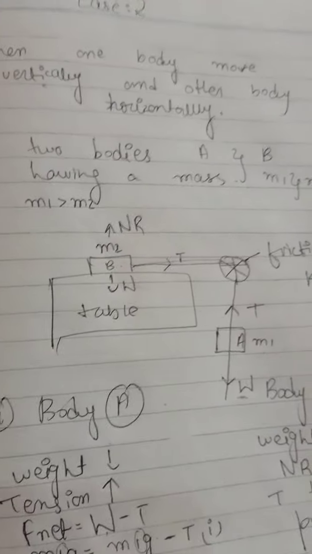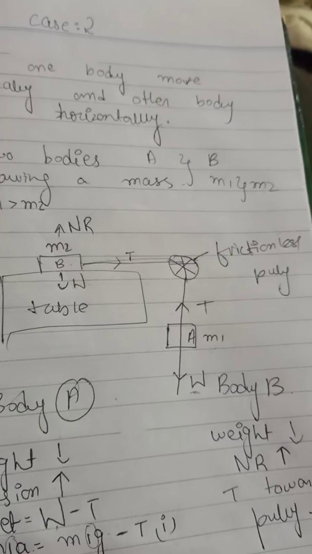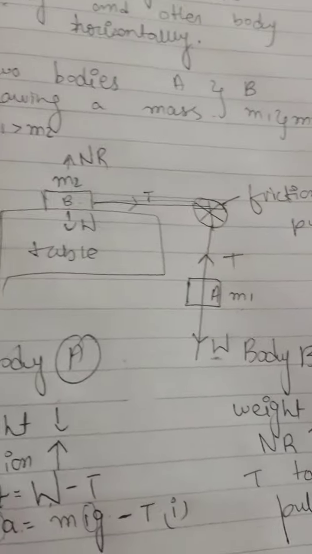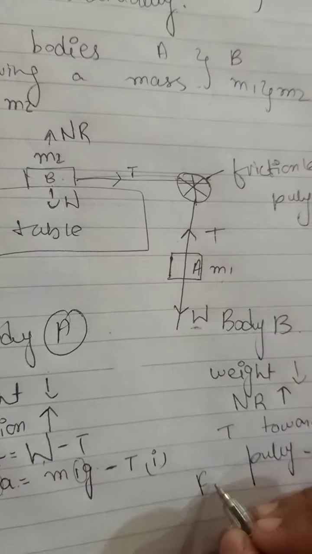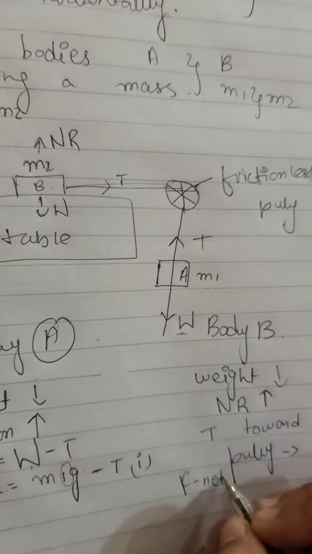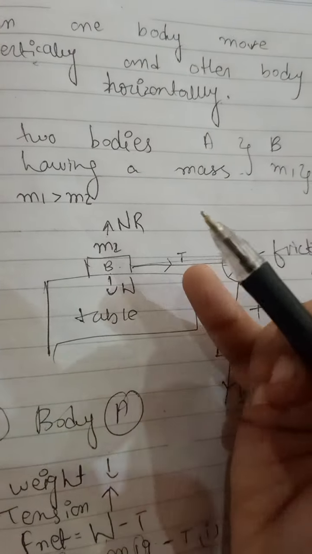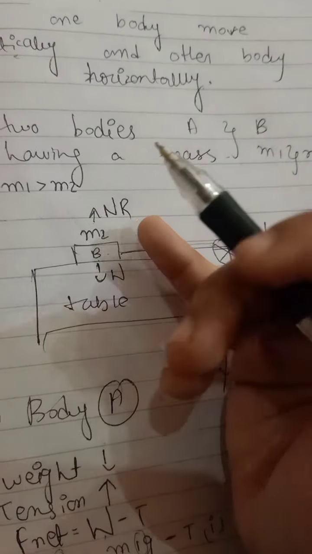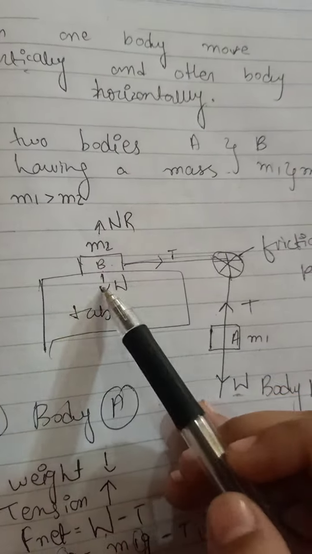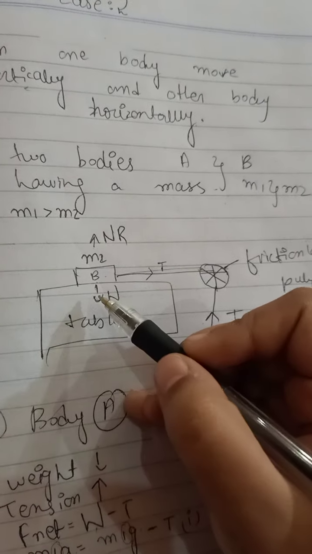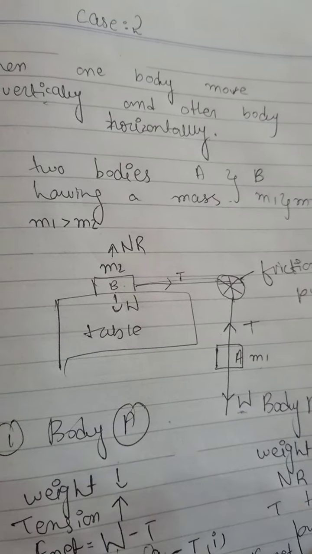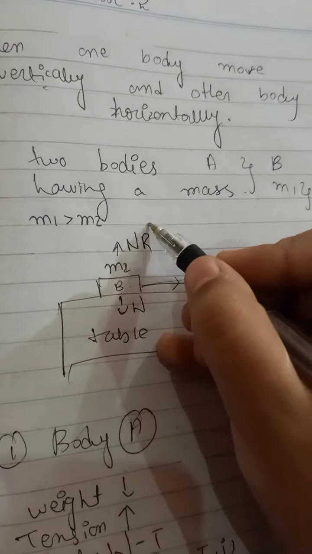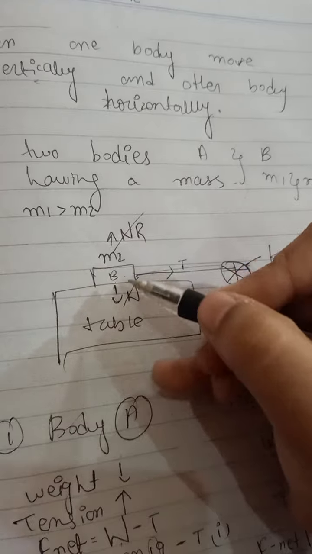So if you're talking about the net force, every action has an opposite reaction, and you can see that the normal reaction and weight are equal here, because the weight the body has and the reaction body B has are the same. So they will cancel because they are equal.